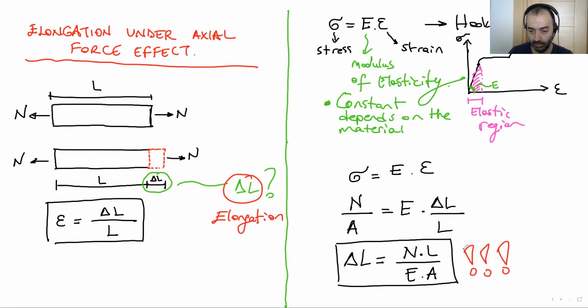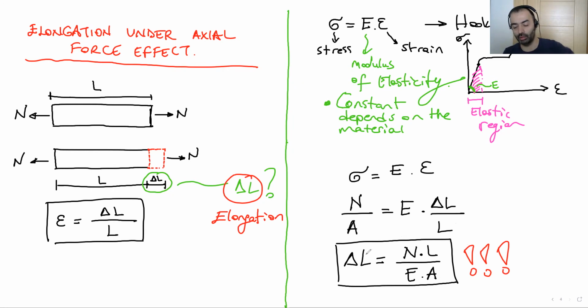This equation comes from Hooke's law. In Hooke's equation, we put N over A instead of sigma, and delta L over L instead of epsilon. E is constant, it depends on the material.